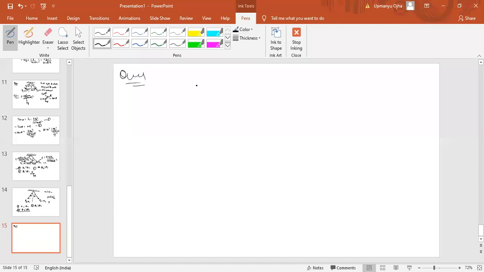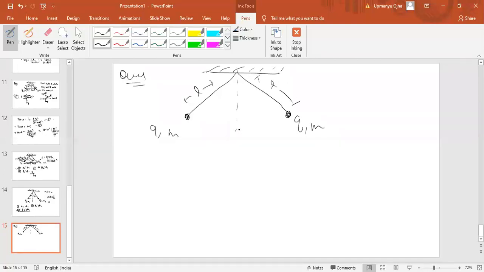Now we have a condition where again we have two strings of equal length. Both balls have the same charge and the same mass, Q and M. The length is the same.